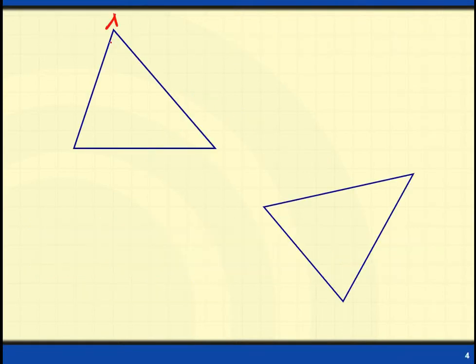For example, this is a triangle with angles A, B, C. Now, to identify the sides of the triangle, because the angles are given: opposite angle A would be our side A. Opposite angle C would be our side C. And opposite angle B will be our side B. The angles are given in capital letters, A, B, C. The sides are the same, opposite the angles.